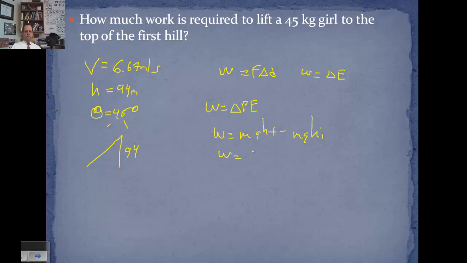The work here: 45 kilogram student, 9.81, final height of 94, minus 45 kilogram student, 9.81, and an original height of 0. So we do 45 times 9.81 times 94, and we get a work of 41,496.3 joules.